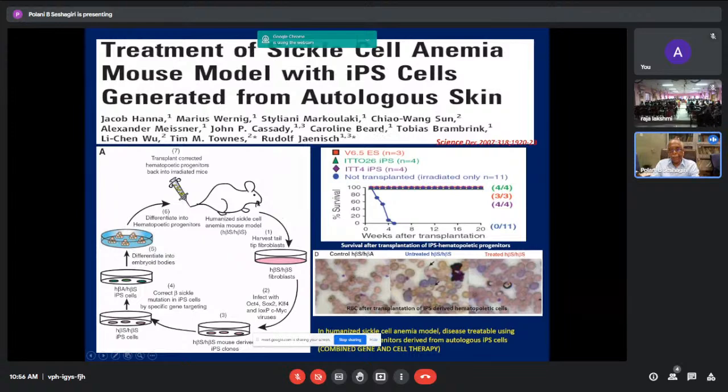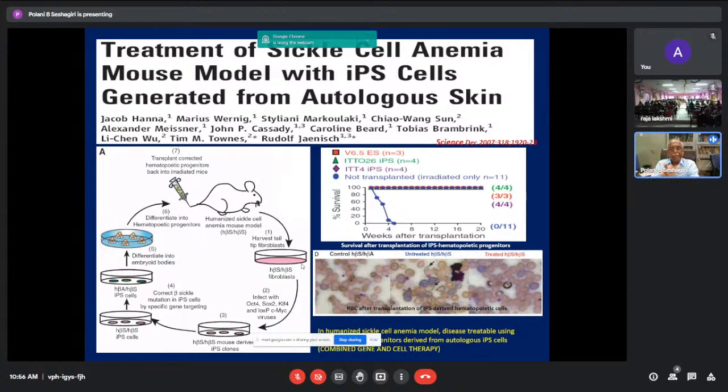These are very classic papers. So this means that patients suffering from hemophilia or sickle cell anemia can have a remedy by this so-called combination of cell-based and gene therapy-based approaches for treating genetic disorders.